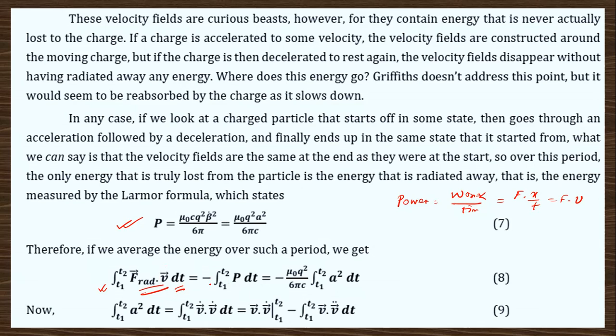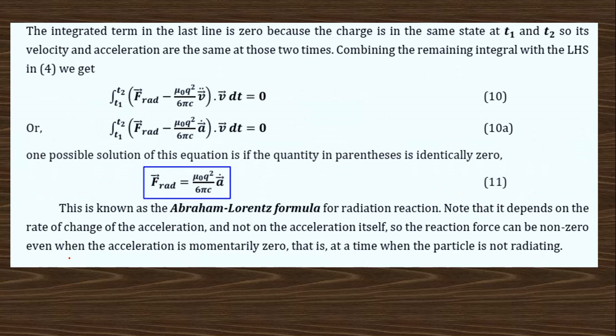If we integrate by parts, you get this expression, and bringing it to the same side, you get the radiation power, the radiative force. That means the force associated with the radiation reaction of a moving charged particle. This is known as the Abraham-Lorentz formula, and by this formula you get the radiation reaction force.